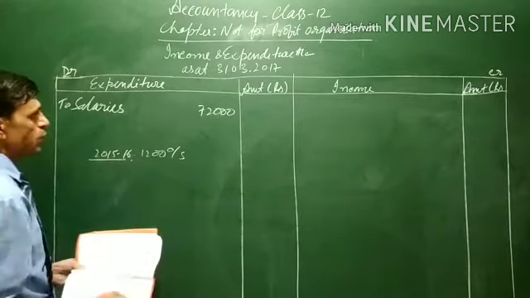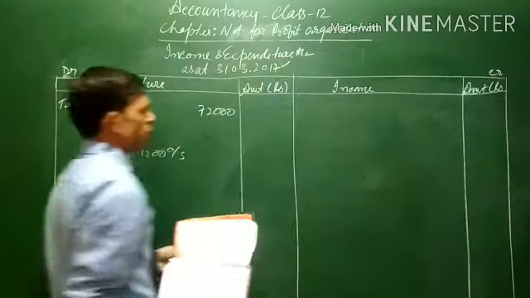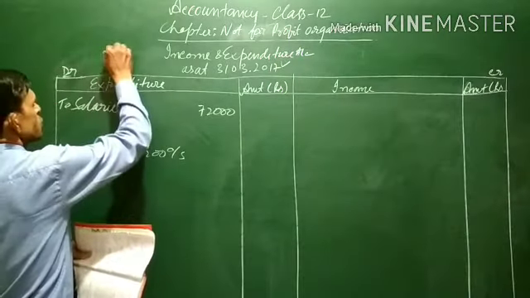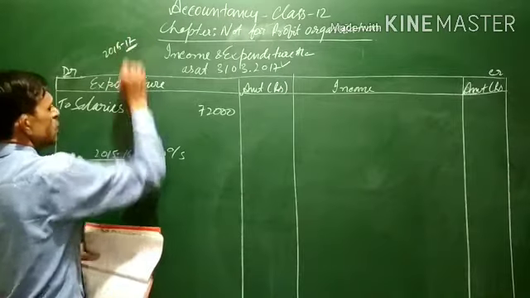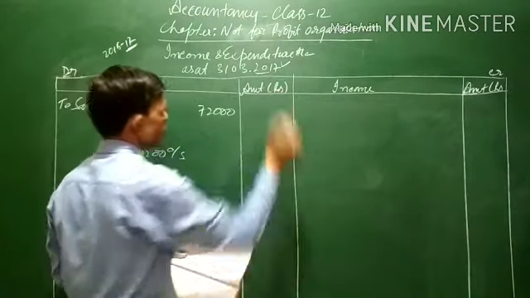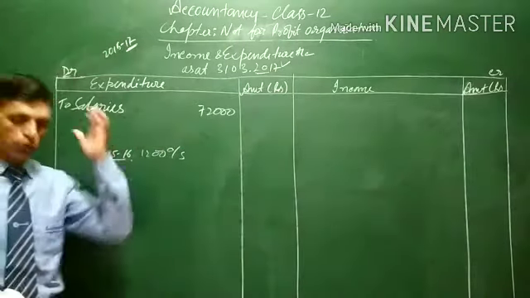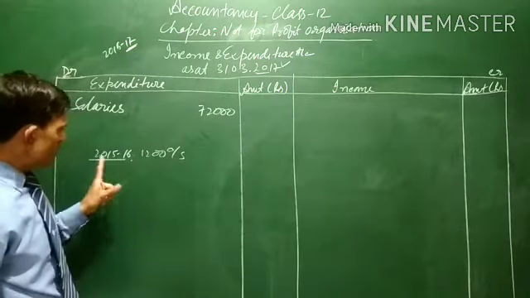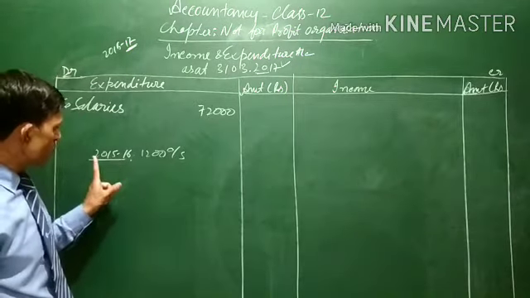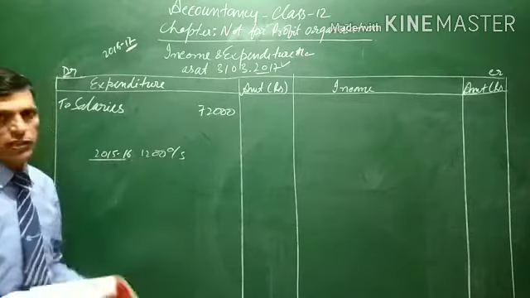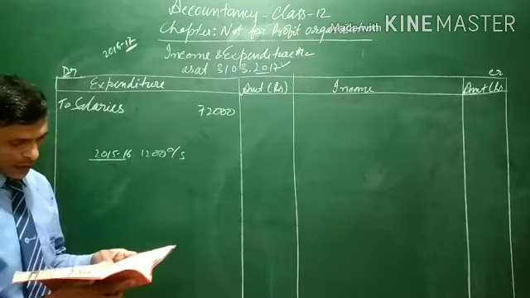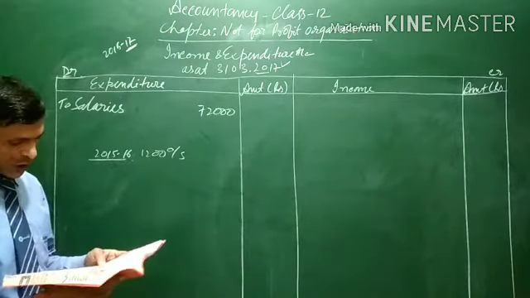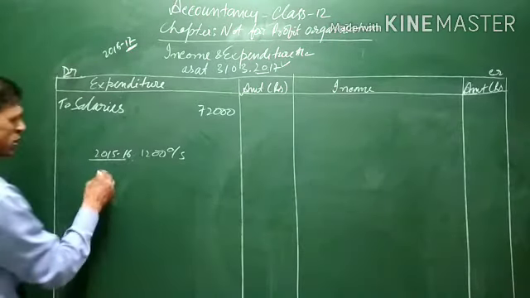Now we have to keep in mind that our accounting year is 2016-17, because the account we are preparing ends on 31st March 2017. It is mentioned in the question that for 2015-16, 1,200 is the salary outstanding. Moreover, it is also mentioned that salaries include 6,000 for the year 2016-17.